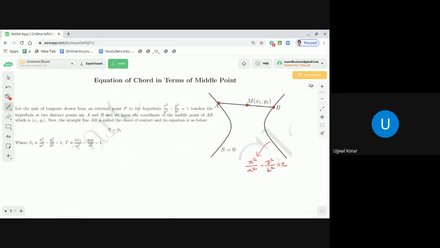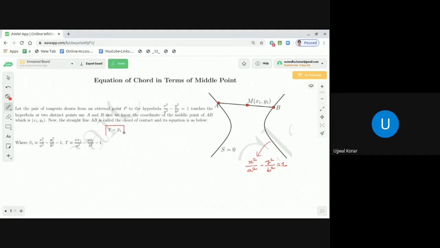Let the pair of tangents from an external point P to the hyperbola x square by a square minus y square by b square equal to 1 touch the hyperbola at two distinct points A and B. And we know the coordinates of the middle point of AB, which is x1, y1. Now the straight line AB is called the chord of contact, and its equation is T equal to S1.